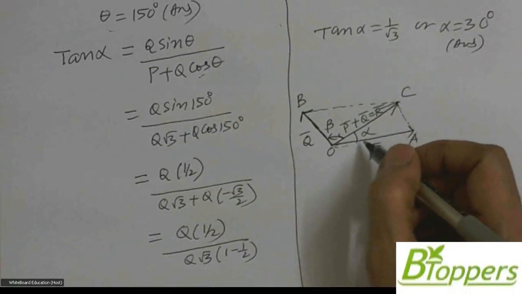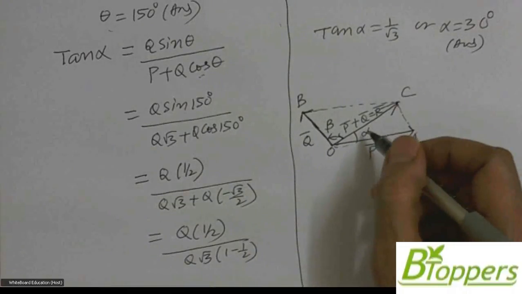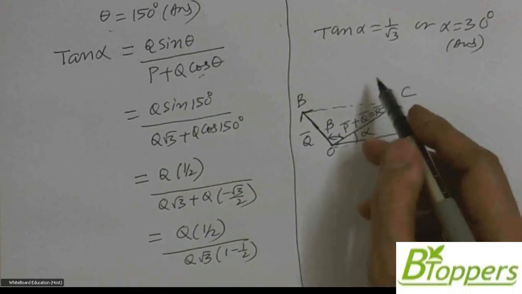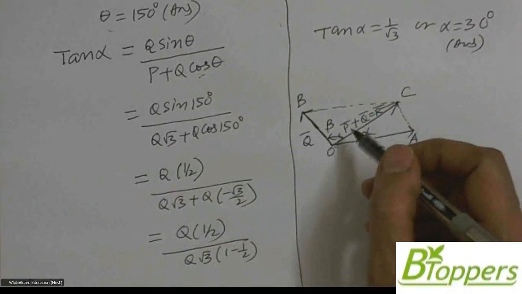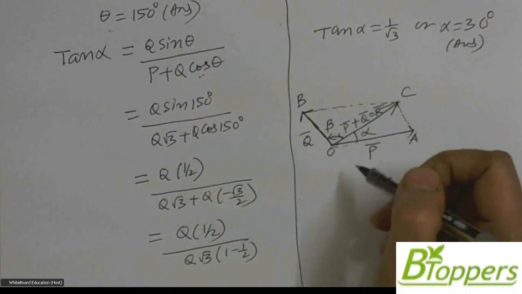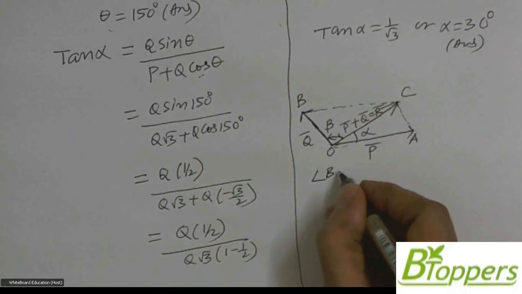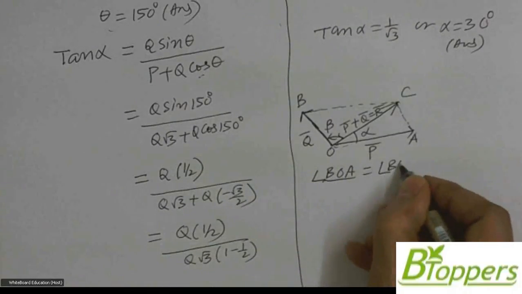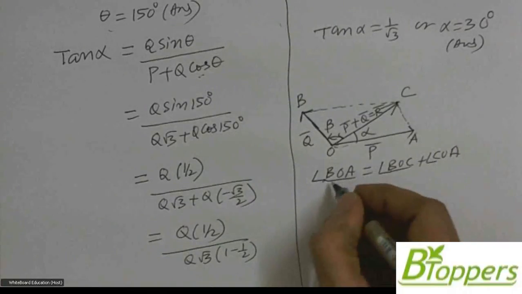Of course, it's not necessary to draw the diagram to solve the given problem, because you are asked only to find theta and alpha, which you have completed. But in case you are asked to find the angle between the second vector Q bar and the resultant, angle BOA can be written as angle BOC plus angle COA.